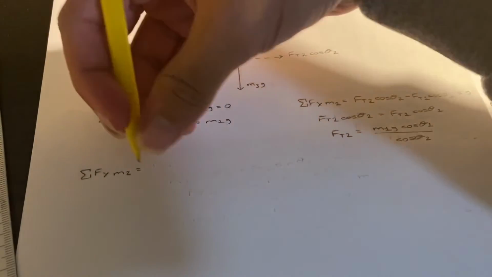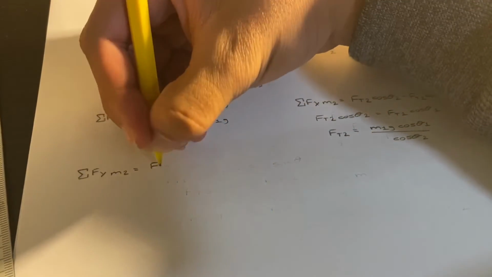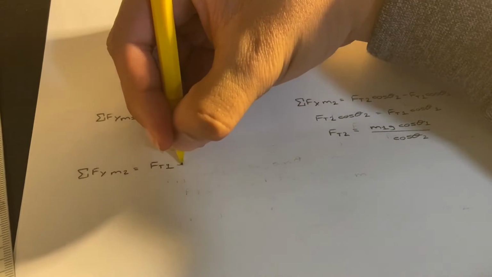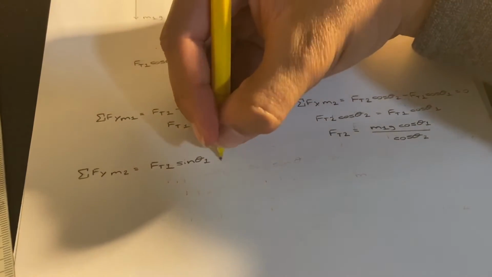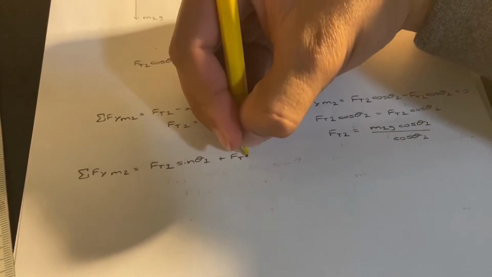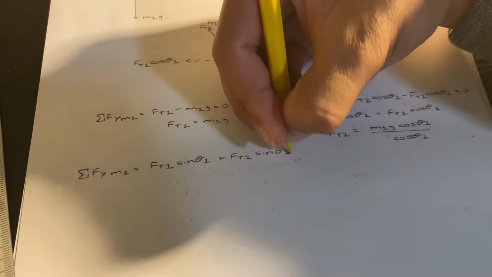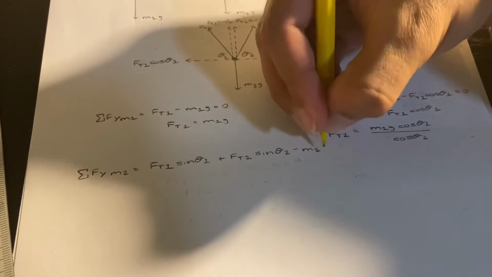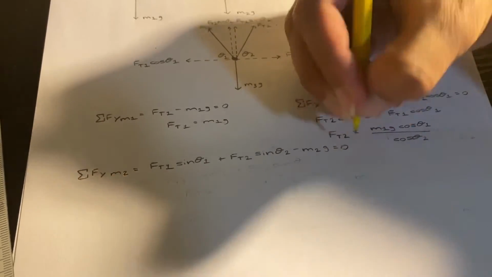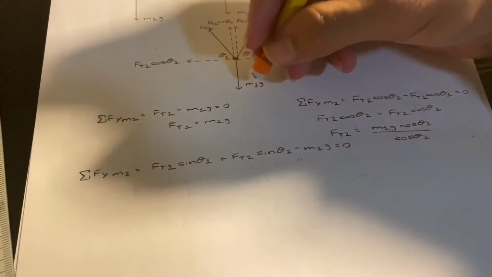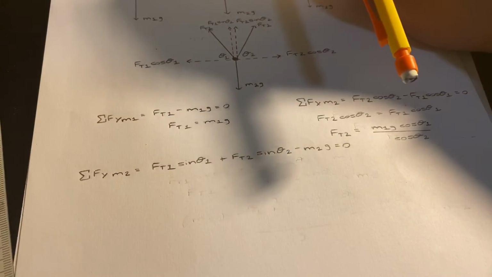So we write ft1 sine theta 1 plus ft2 sine theta 2 minus m2g is equal to 0, because this whole system is in equilibrium. Let me correct this to m2g, because this is gravity for mass 2.